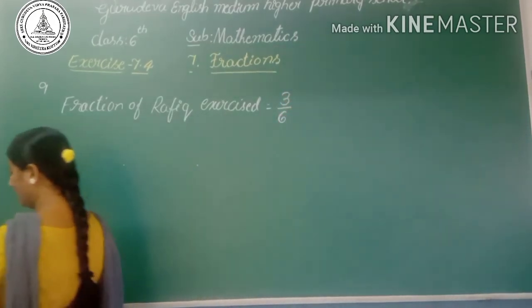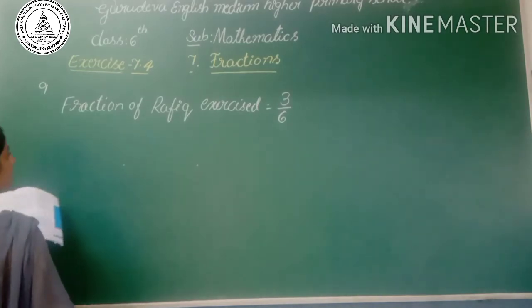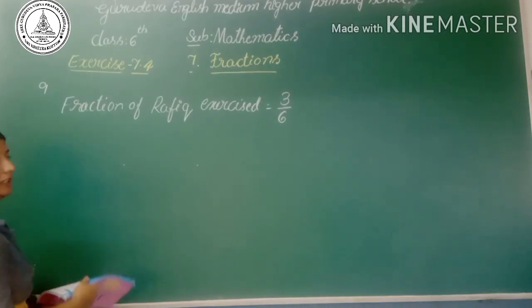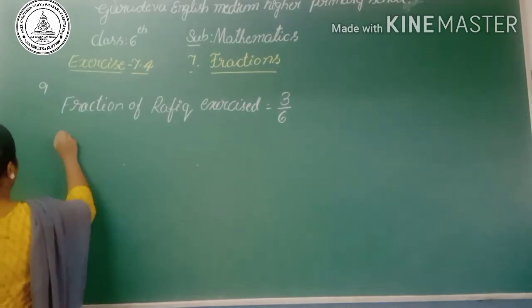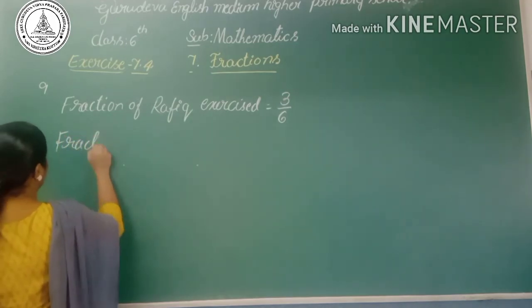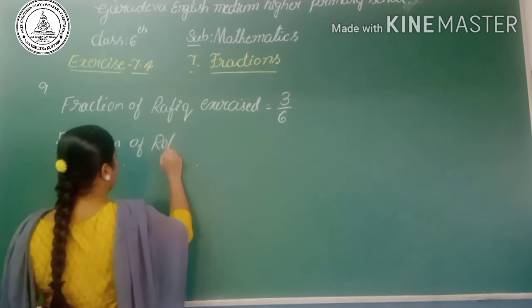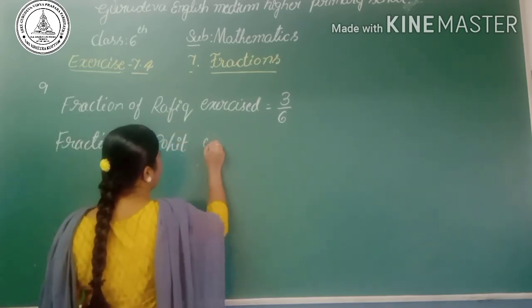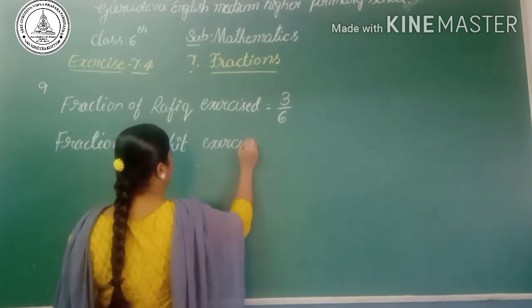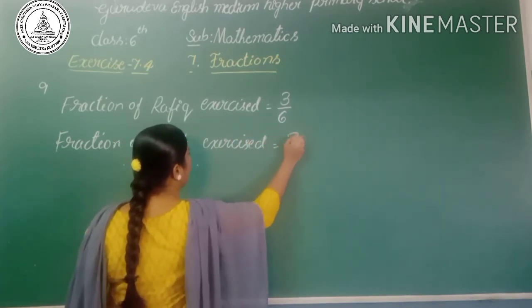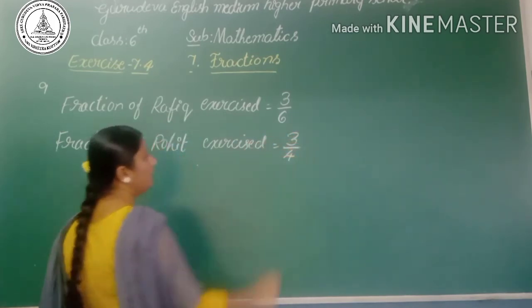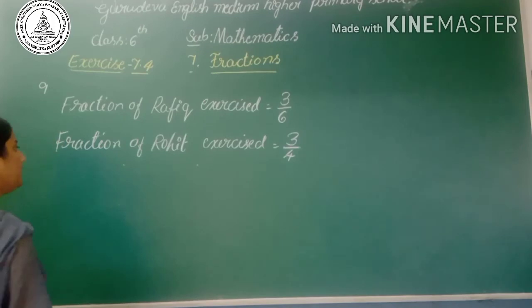The next one, Rohit exercises for 3 by 4 of an hour. Then write here the fraction of Rohit exercise, that is 3 by 4. Okay. Then let's compare here.